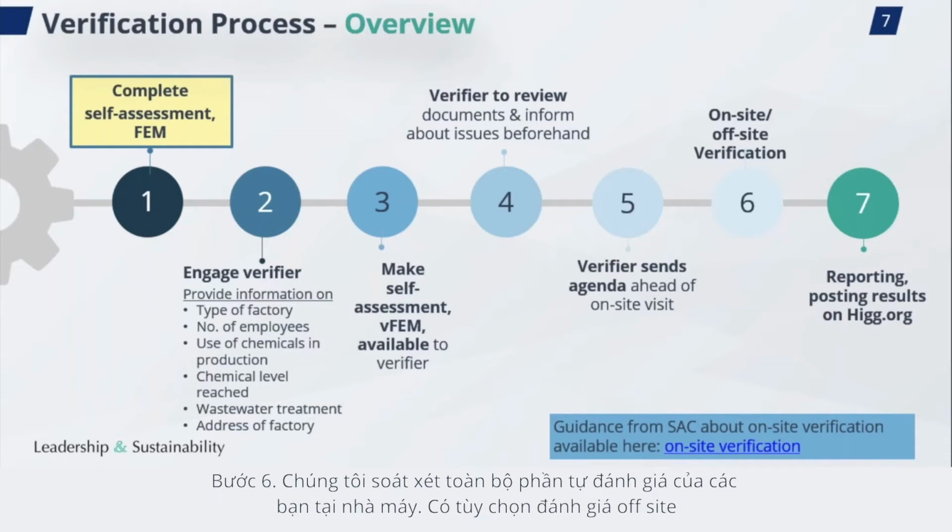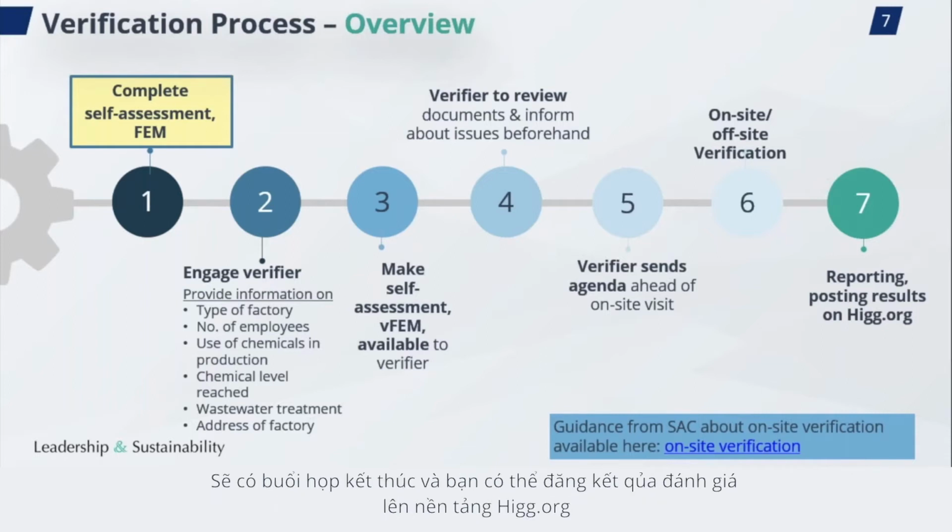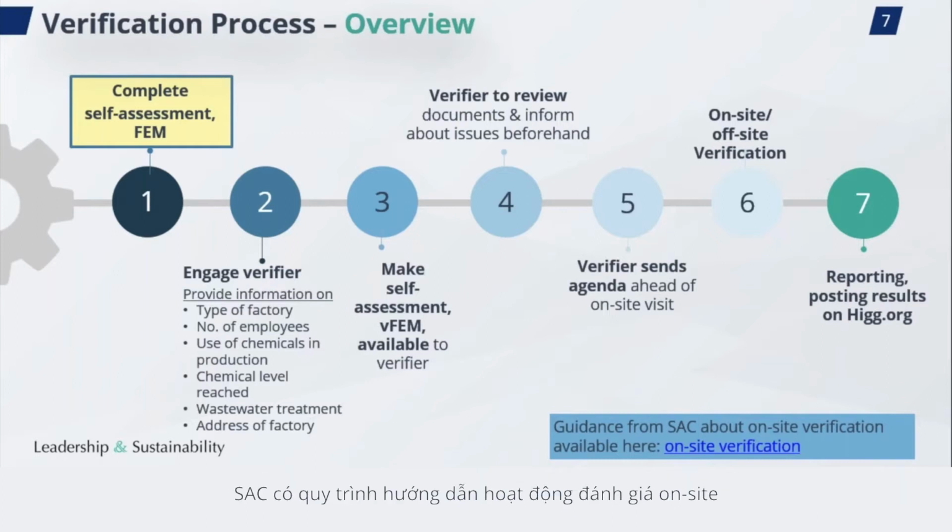And finally, there will be a reporting meeting, and you will be able to post your results on the higg.org. And SAC has issued a protocol for on-site verification, which gives information about the verification process, but it is actually also possible to do an off-site verification.